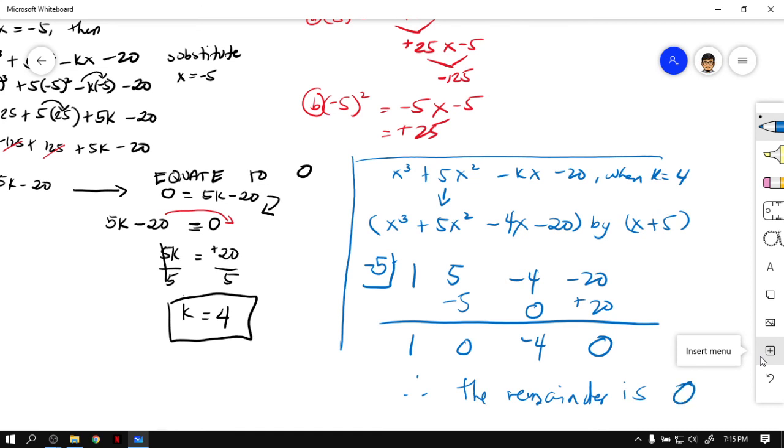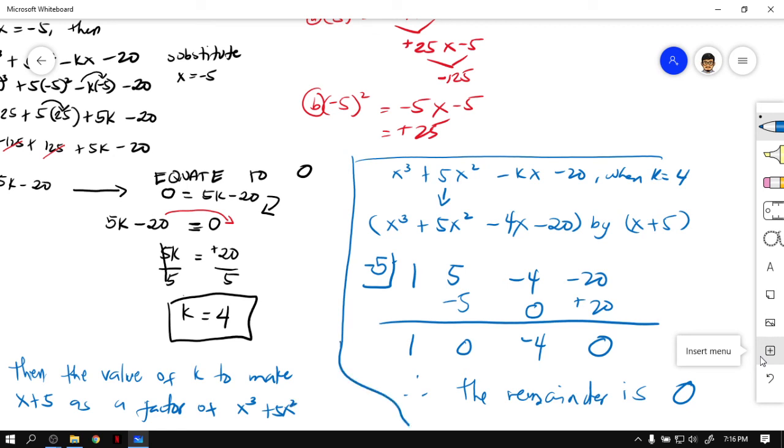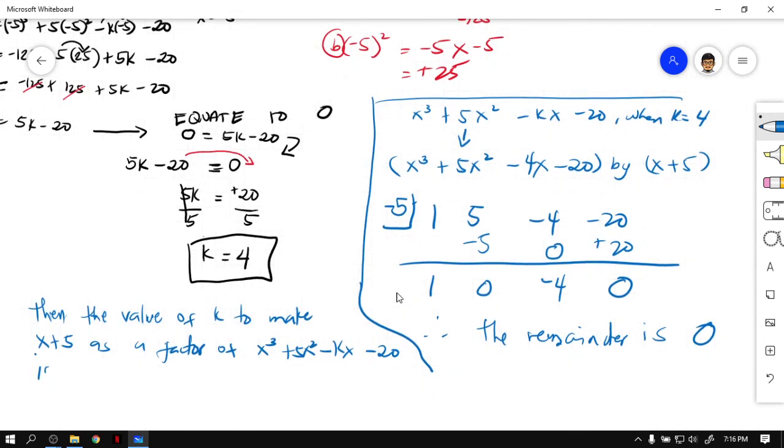Conclusion. Then, the value of k to make x plus 5 a factor of x cubed plus 5x squared minus 4x, or minus kx, minus 20 is 4.